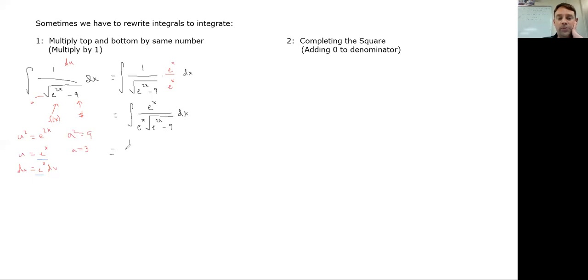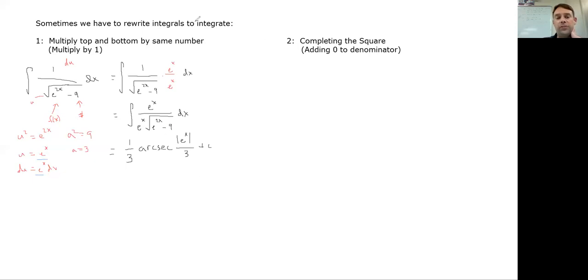We have all the pieces we needed, so I don't have to add anything. So 1 over a arcsecant, the absolute value of u, and technically I don't have to put e to the x in absolute values because e to the x is always positive already, over a plus c.